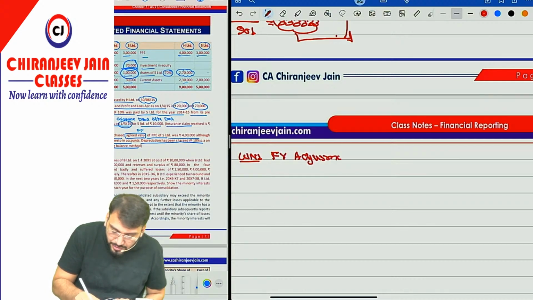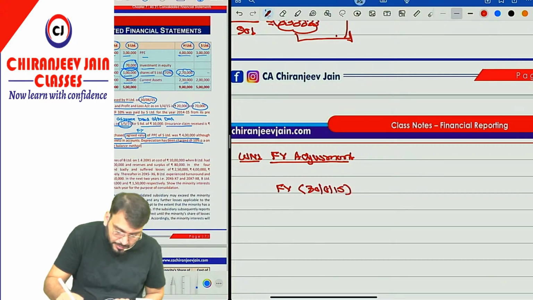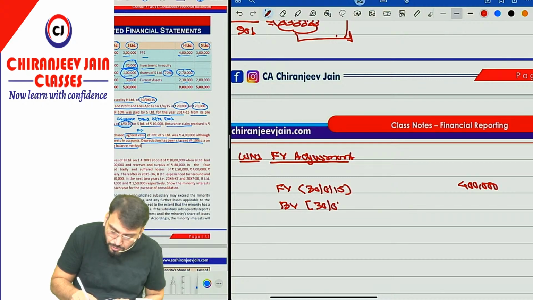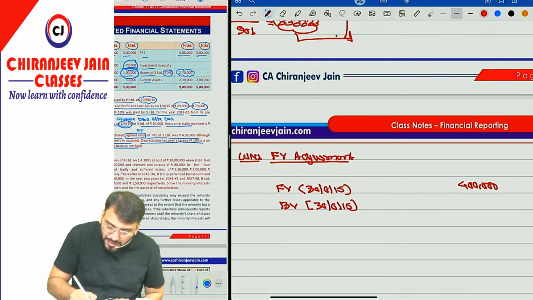Fair value adjustment. So write down fair value on the date of acquisition, that means 30th June 2015, that is equal to 4 lakh. Then we'll compare with the book value on 30th June 2015. So opening balance is 3,33,333.